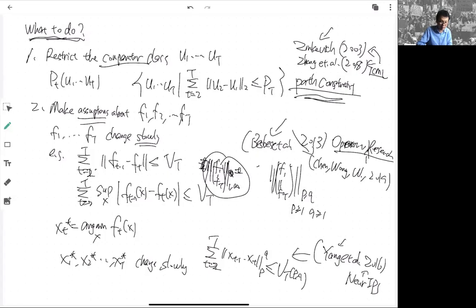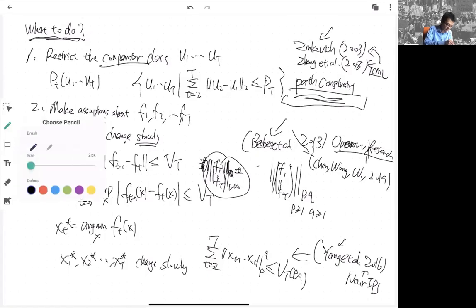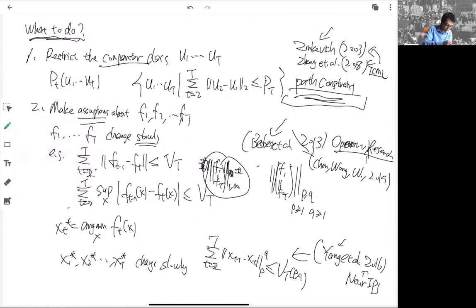So we'll talk about the full information setting in the case when we are dealing with path constraints. That's the first thing that we're going to be talking about in the remainder of the lecture. And the second thing we're going to be talking about is the noisy gradient feedback, under this assumption.